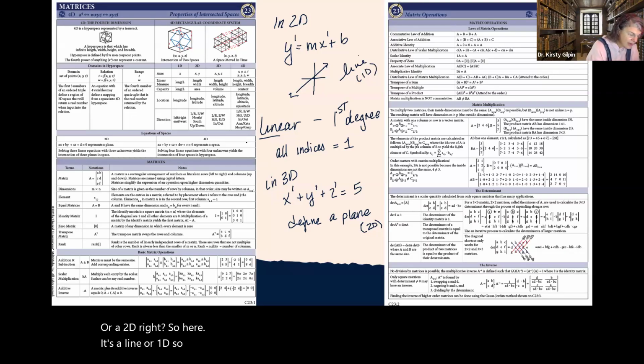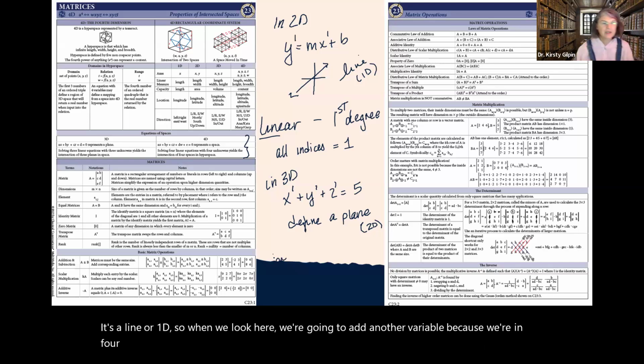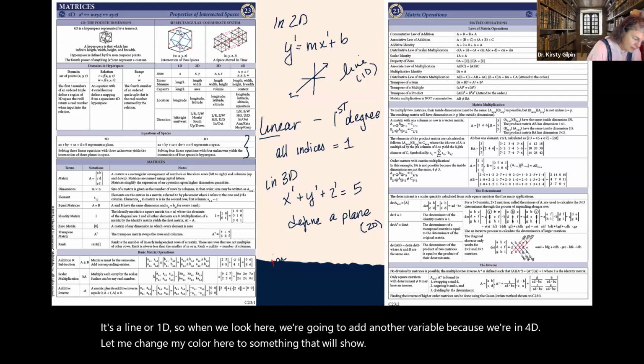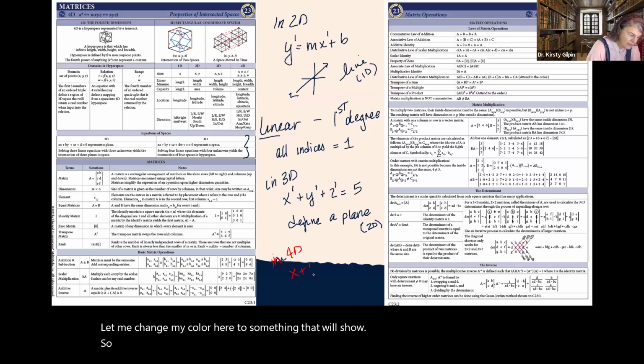So when we look here, we're going to add another variable because we're in 4D. Let me change my color here to something that will show. So in 4D, I can add another variable.